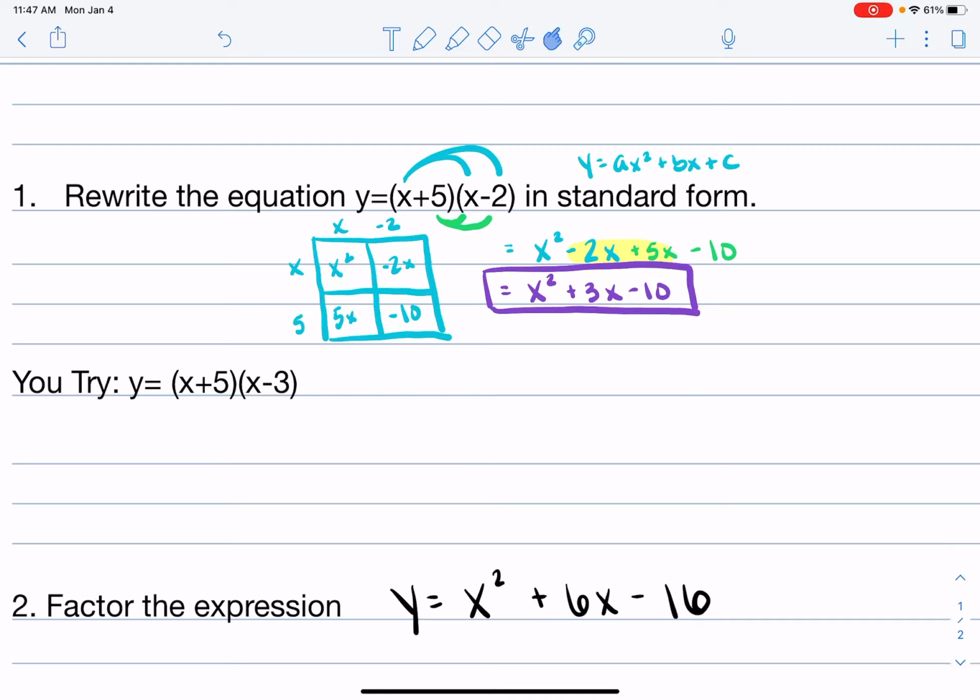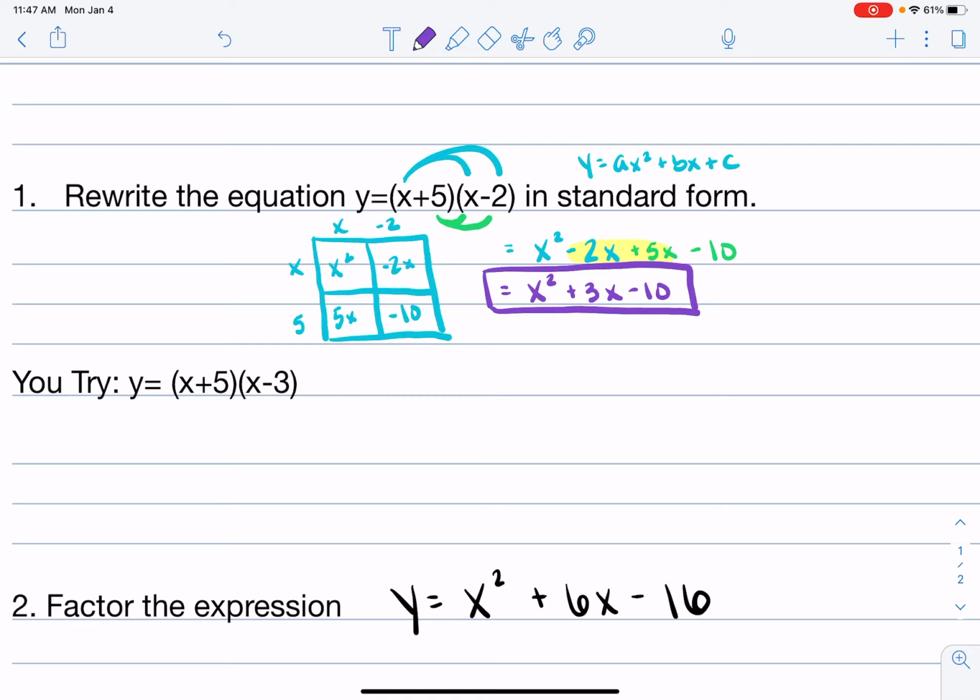All right, so here's the you try. I want you to try taking y equals x plus 5 times x minus 3 and writing that into standard form by multiplication. Try the box method or FOIL, a form of distributing.